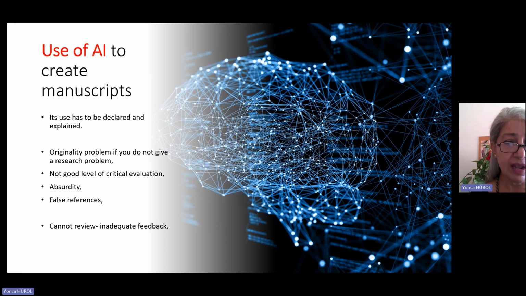So you should know that the editors and the publishing world are also aware of these characteristics, and they are warning their editors about these problems, so that we check whenever an article comes in front of us, we check these issues. And it's not possible to ask AI to review a manuscript because it gives inadequate feedback.